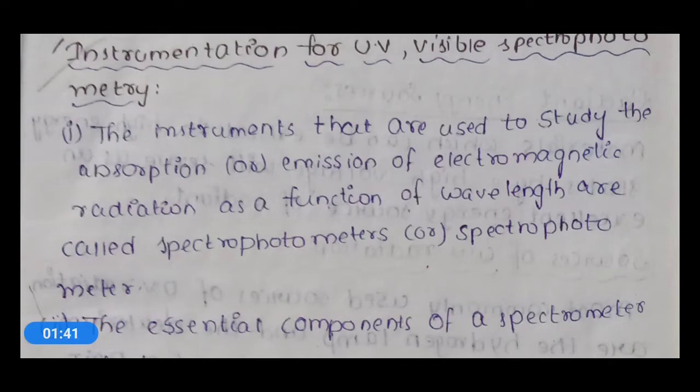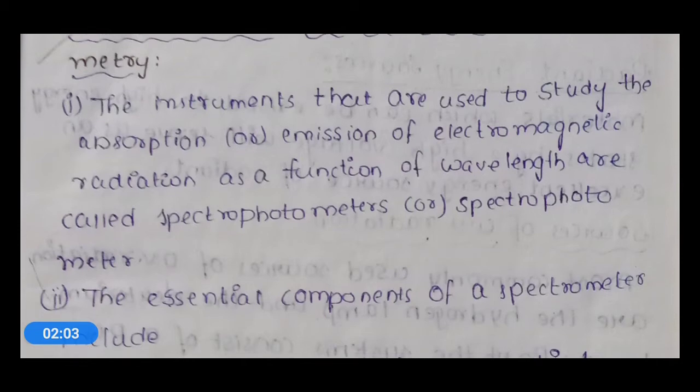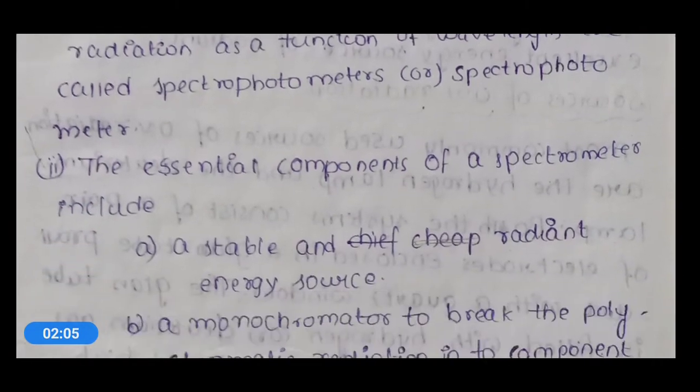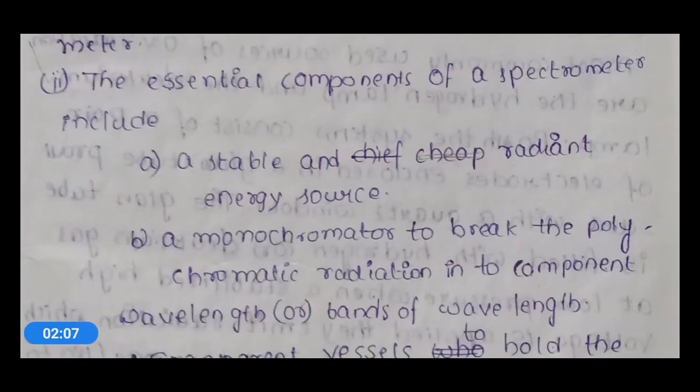Any mechanical instrument that helps us to study the absorption or the emission of electromagnetic radiation using wavelength is called a spectrophotometer or spectrometer.